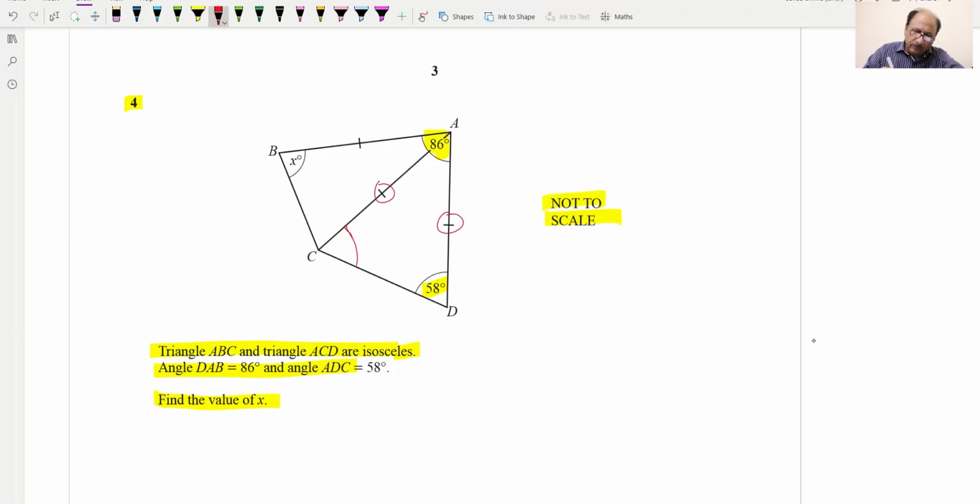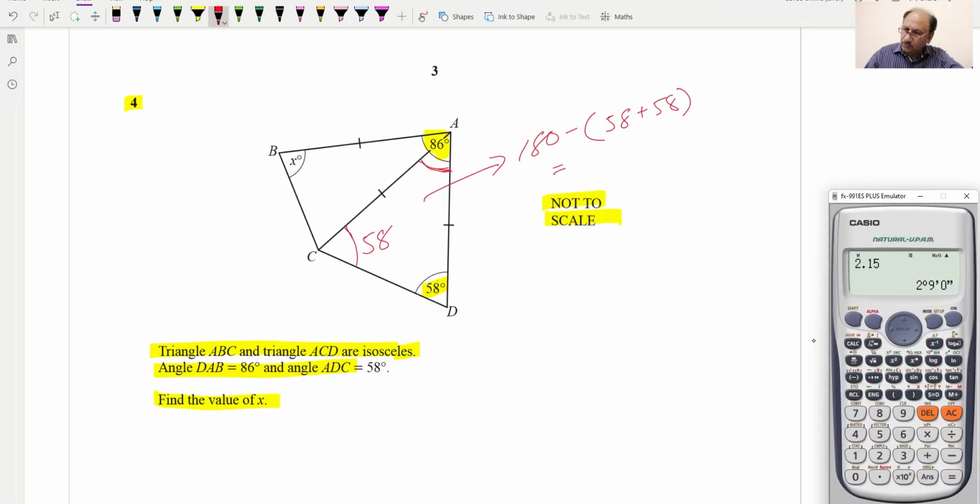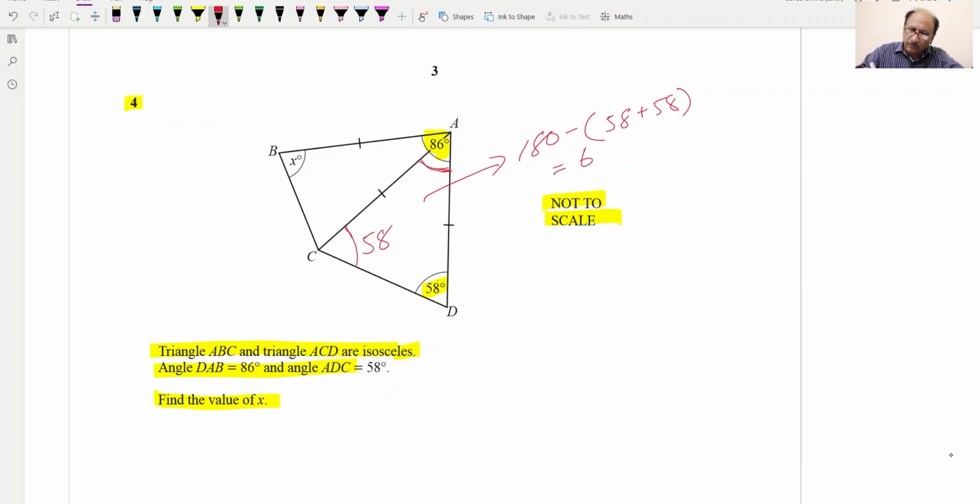So we can write this as 58, and the third angle we can find. This angle will be 180 minus in brackets 58 plus 58, and this will be equal to 64.